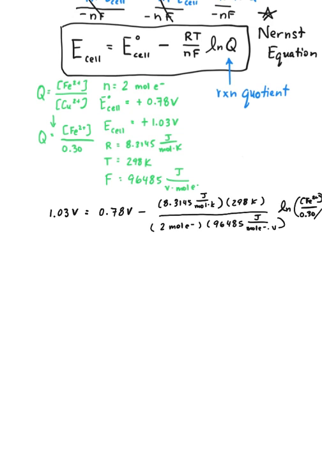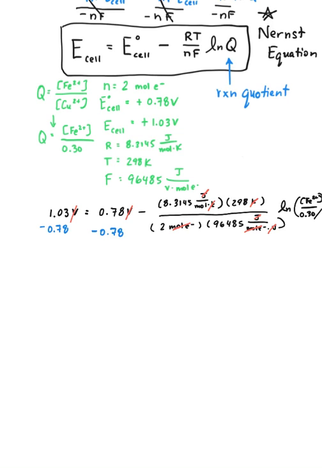As far as units are concerned, we'll get rid of things like joules, moles of electrons, Kelvin, and eventually we'll just make volts go away too. To solve, we need to subtract 0.78 from both sides.